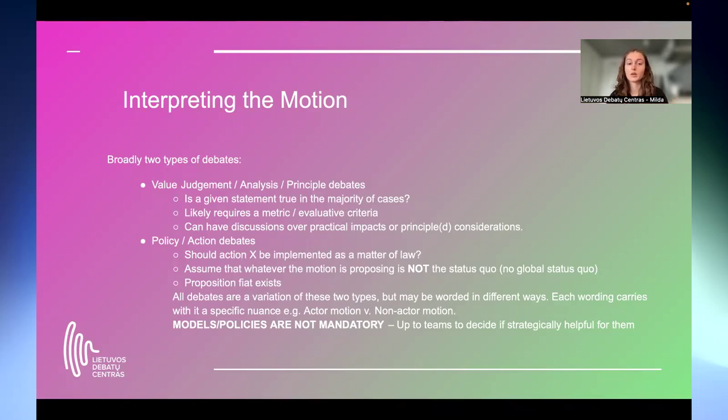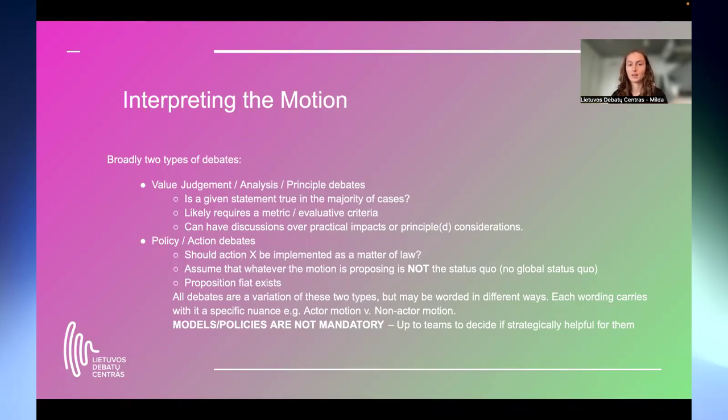And each wording carries a specific nuance. So actor motion, like in the last slide, you saw "this house as a teacher would do something," versus non-actor motions. So "this house would ban drugs," non-actor motion. Models/policies are not mandatory.